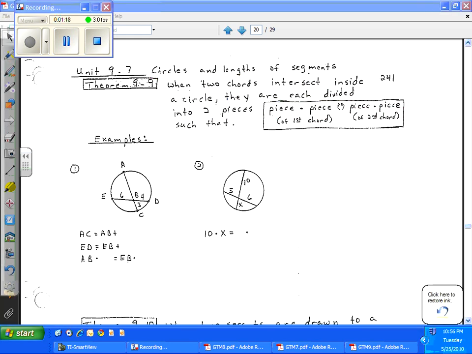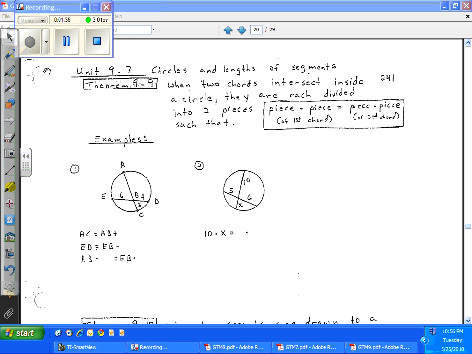Product means multiply. The segments are the pieces. So piece times piece of this one equals piece times piece of that one.